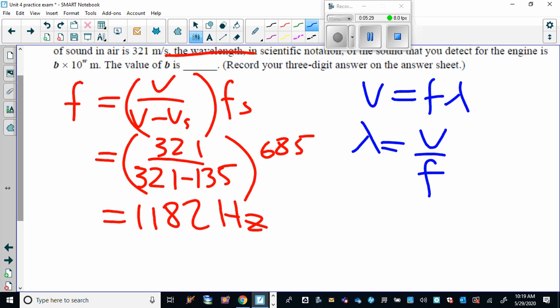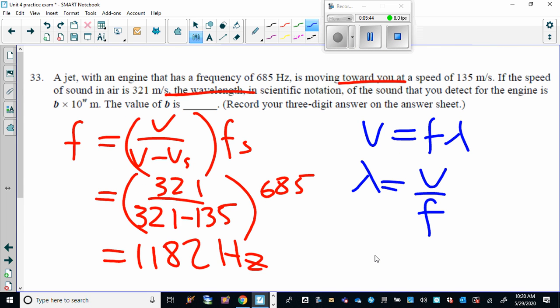We've got the 1182. The only question you have to ask yourself is, what am I using for the velocity? The velocity of the thing moving, or the velocity of the sound in air? Think about this before you jump to the wrong answer.